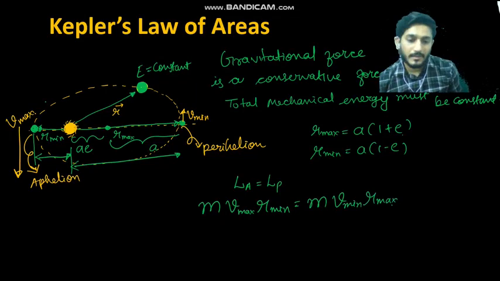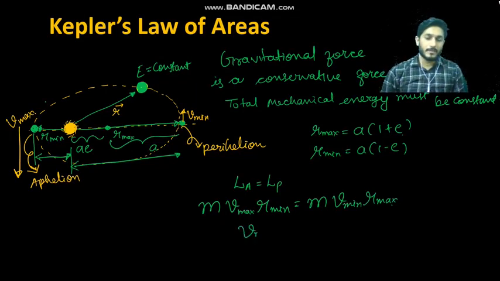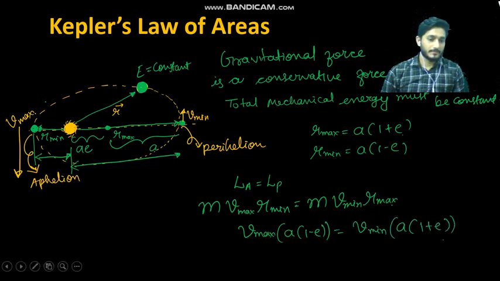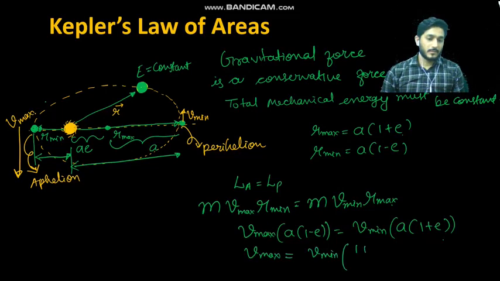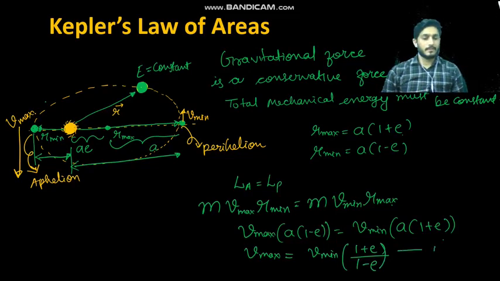So from here we get a relation between v max and v min. Plugging in the values of r max and r min, we get v max equals v min times (1 plus e) upon (1 minus e). Okay, so this is one relation. Let me call that equation 1.